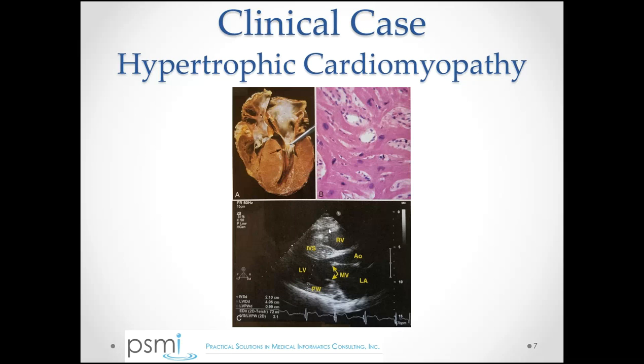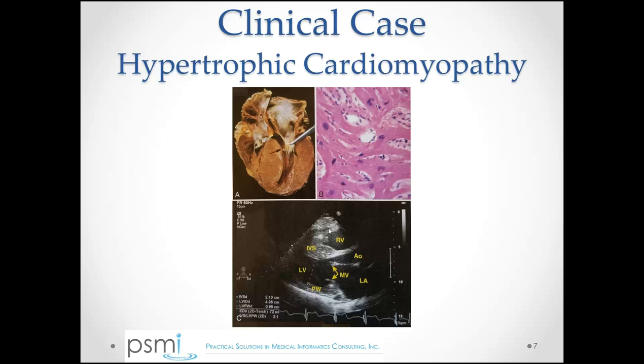His father has congestive heart failure, and his brother had sudden cardiac death at the age of 18 while he was practicing football. The cardiologist explained to the patient the possibility of hypertrophic cardiomyopathy running in the family.